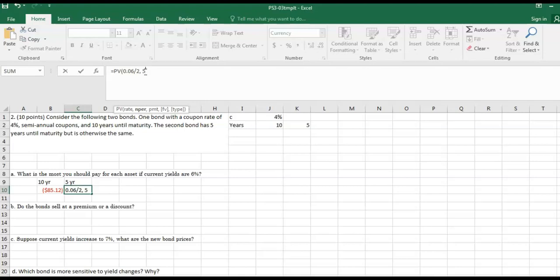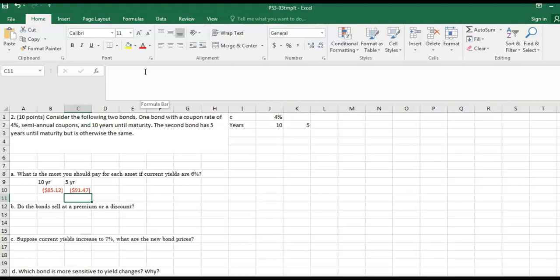That's where 5 times 2, 5 years times 2 payments per year comes in, and we have a number of periods that is 10. Our payment has not changed, still $2. And then finally, we will put in our $100 of face value as our future value. And as a result, we get a bond price of $91.47.